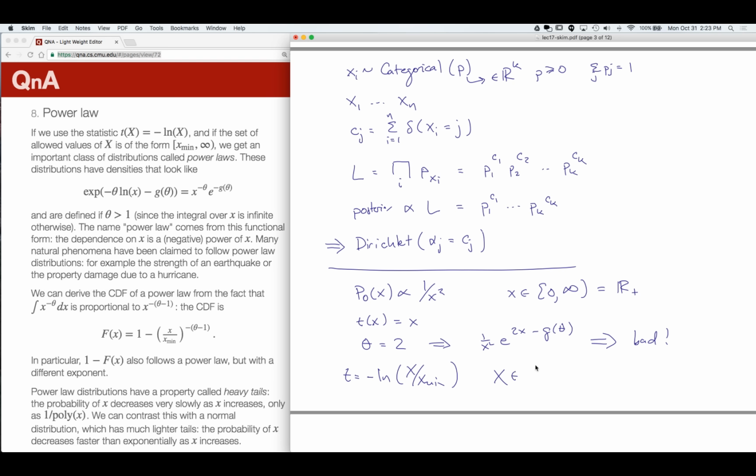So here x is in x min up to infinity. You need to normalize by x min, otherwise you might take the log of a negative number.